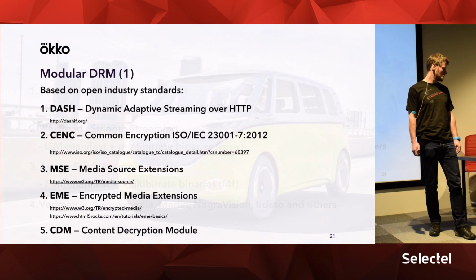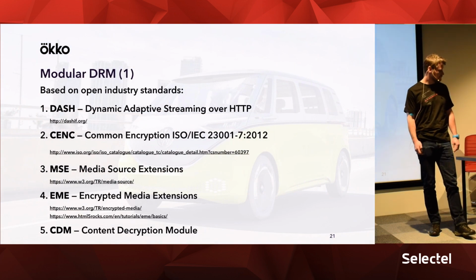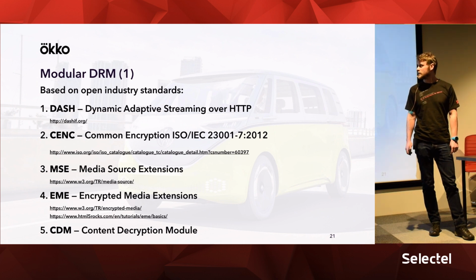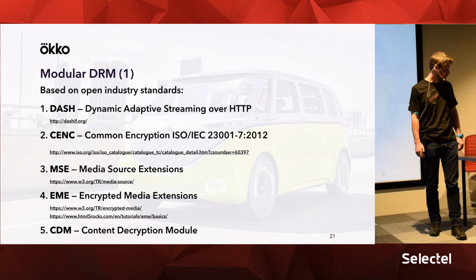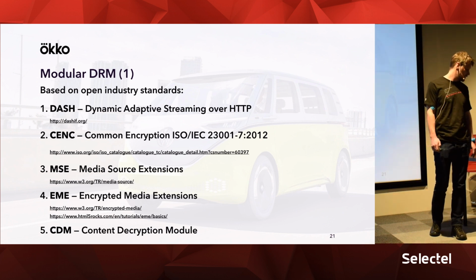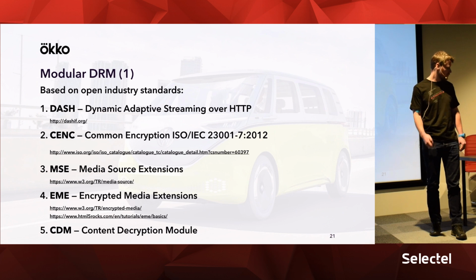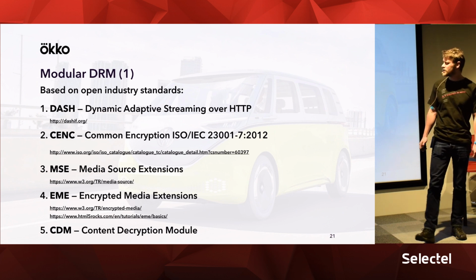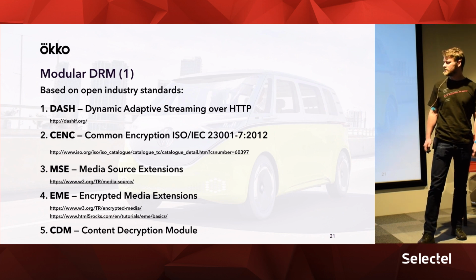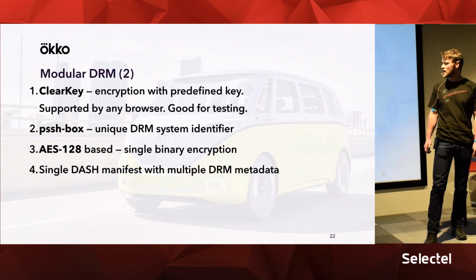Now the world became a bit simpler. It's called Modular DRM systems. It's based on industry standards like Dynamic Adaptive Streaming over HTTP, Common Encryption, browser extensions for Media Source and Encrypted Media, and still the content decryption module.